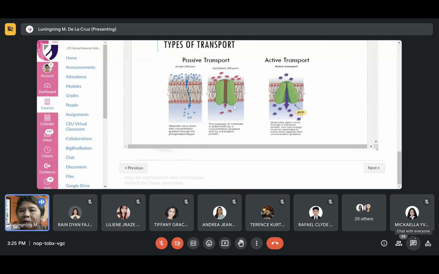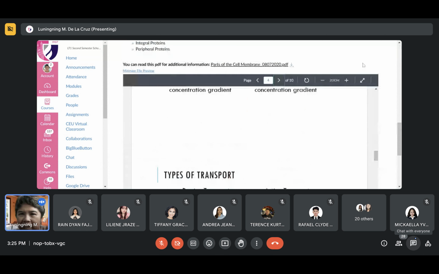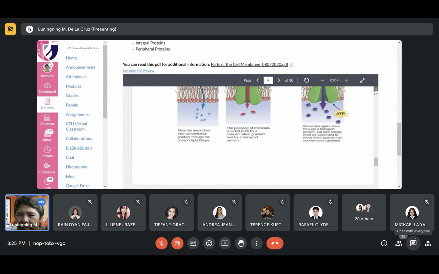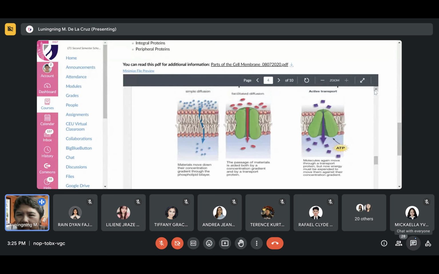Now look here. This one is an active transport. Let me enlarge it. This active transport happens in our electron transport chain in the mitochondria during the production of ATP.